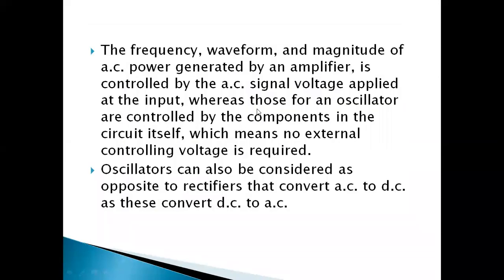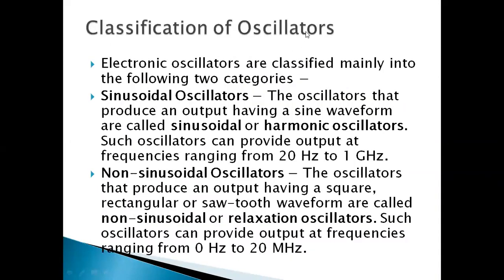And next one, classification of oscillators. How can we classify the oscillators? Normally oscillators are classified into the following categories. First one is the sinusoidal oscillator. What is meant by a sinusoidal oscillator?